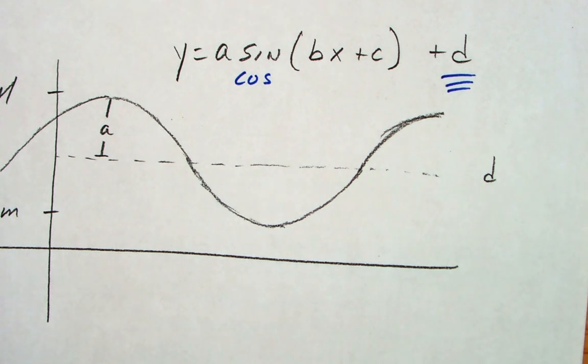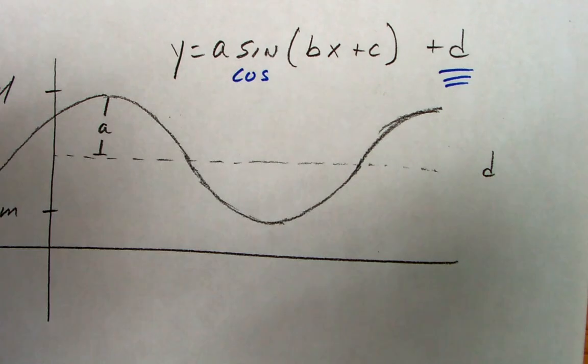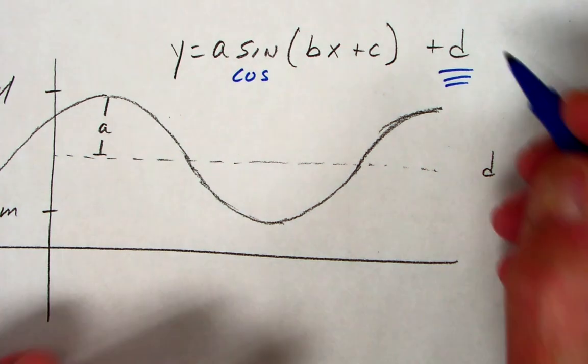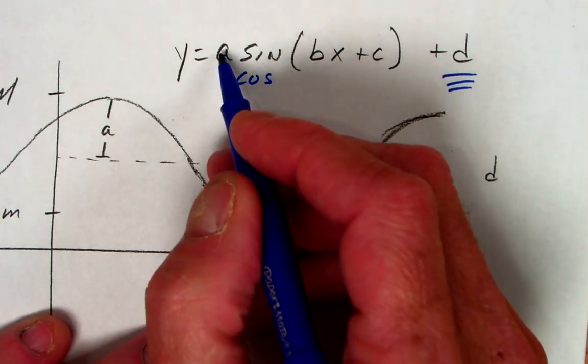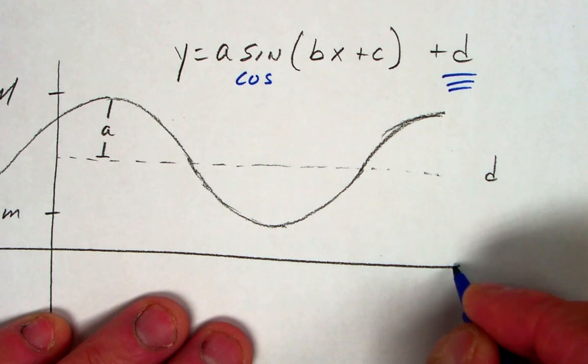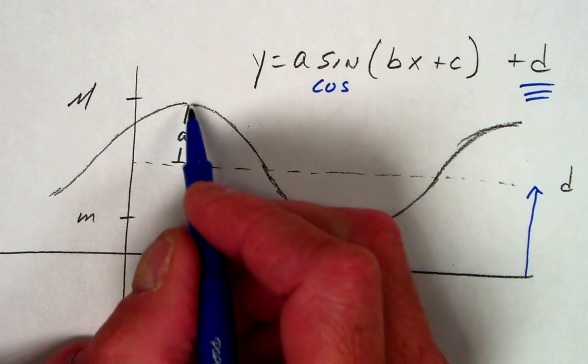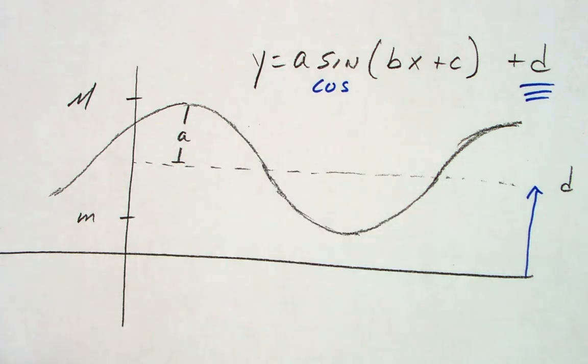In the past, this A has been our stretch. So this is our vertical shift. This is our vertical stretch. So this gives me how much it's been moved upwards or downwards, and this A is how much it's been stretched. Okay? So if A is 5, my amplitude is 5.